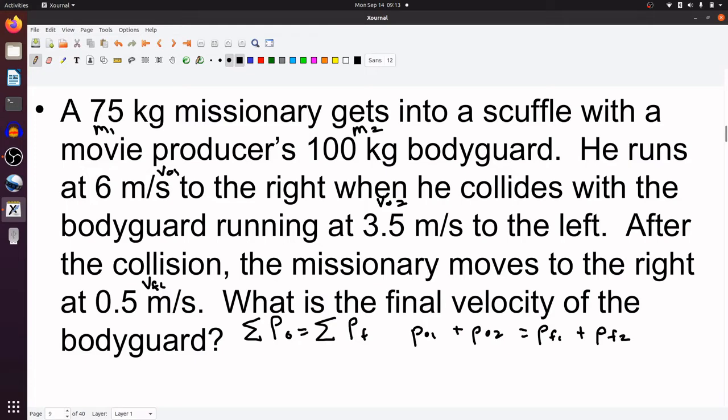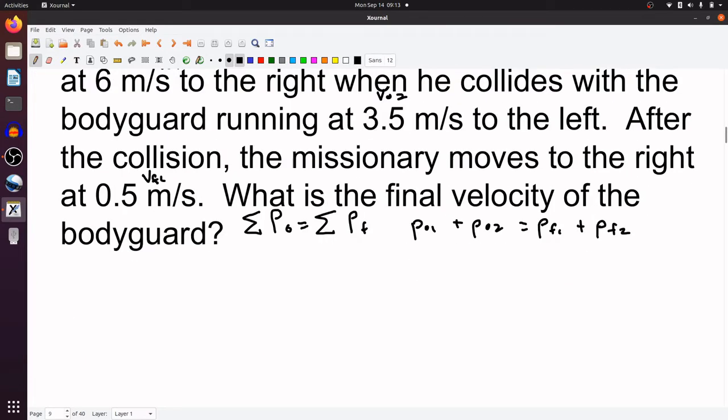Okay, so let's say what those are. Well, we know that p, lowercase p, is nothing more than the instantaneous momentum, mv. So I'll take m1 v01 plus m2 v02, and then it'll be equal to m1 vf1 plus m2 vf2. Okay, and we're trying to figure out vf2.